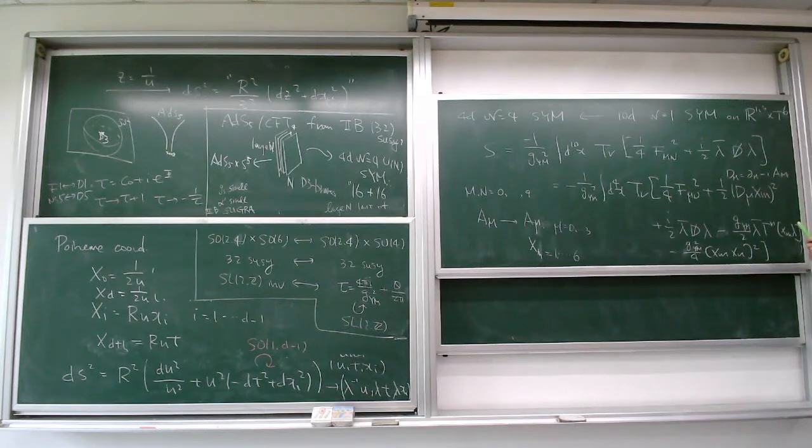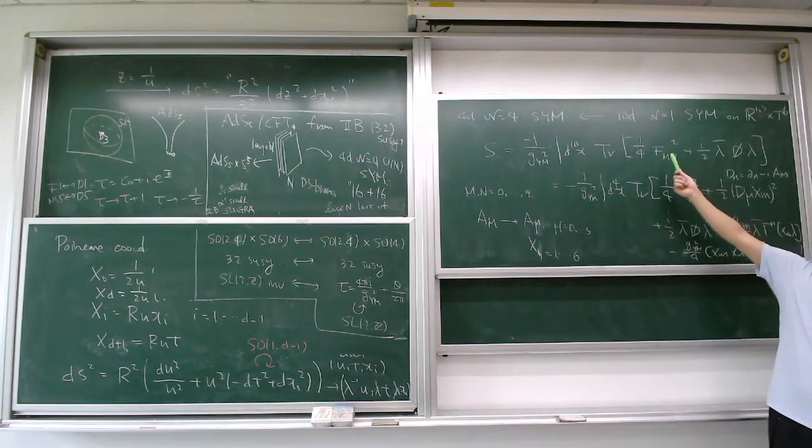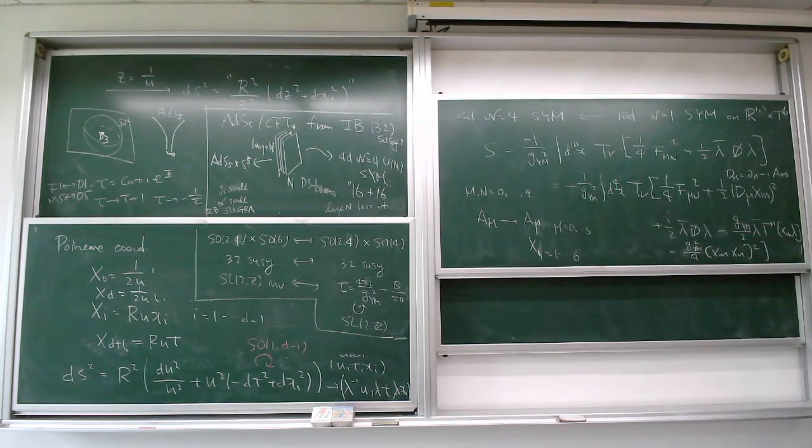Okay, so you can easily see that. So this kinetic term really comes from the 10-dimensional field strength squared. This is how you obtain, by dimensional reduction from 10D to 4D, the super Yang-Mills. This is the action of 4D N=4 super Yang-Mills, very simple.